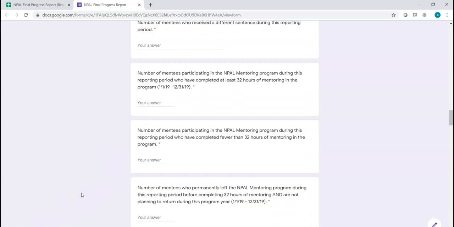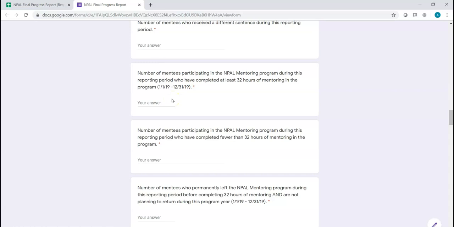Now, these next 2 questions have to do with the number of mentees in your program that have met the threshold of completing at least 32 hours of mentoring over the course of the entire mentoring program. So this one here: number of mentees participating in the NPAL mentoring program during this reporting period who have completed at least 32 hours of mentoring in the program. And again, that's over the course of the entire period.